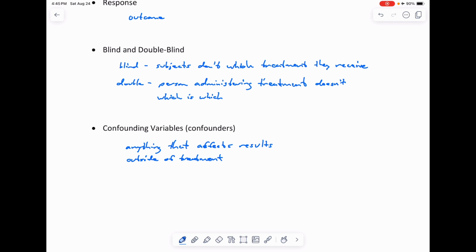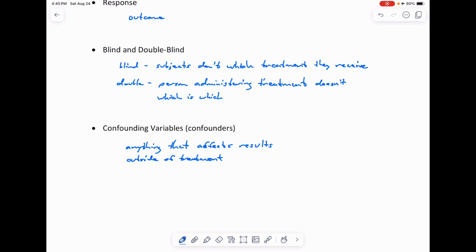If I am, for example, working with teenagers, and I want to know if I offer an ACT prep course, will that improve ACT scores? Well, if I offer an ACT class and just ask students to volunteer to take it, and their scores go up, I don't really know if it's the ACT class, because maybe those are the students who are highly motivated and they were studying anyway outside of class.